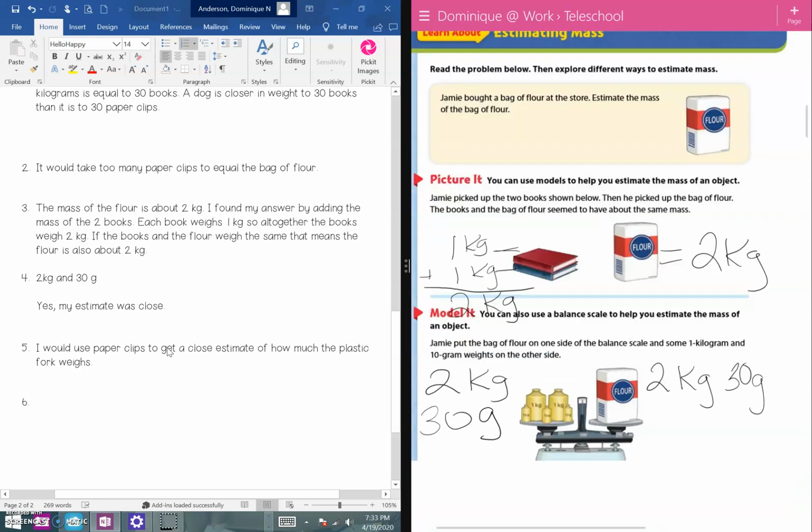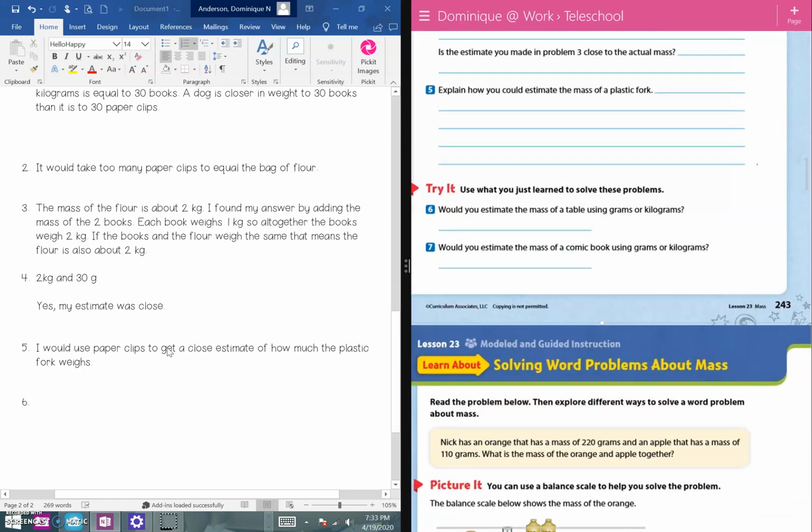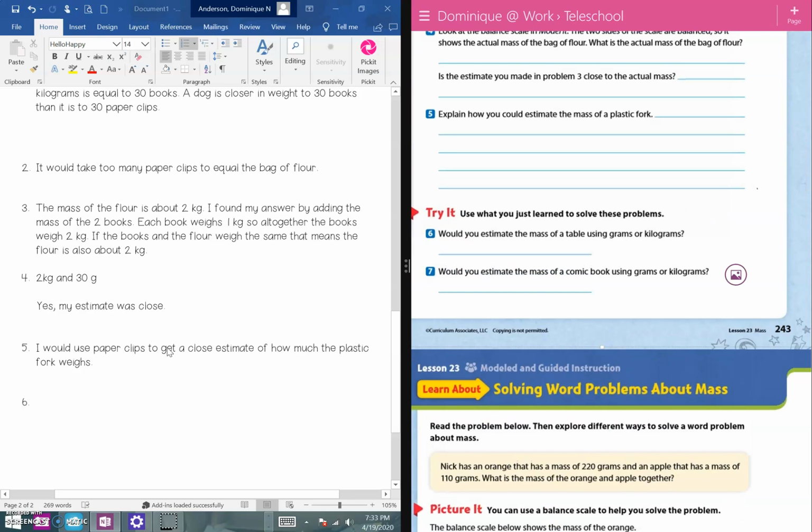So would you estimate the mass of the table using grams or kilograms? We're going to say kilograms. If we had hardcover books at home, we could use them to estimate, and that would be in kilograms. But with paper clips, it would take way too many to figure out the mass of your table.